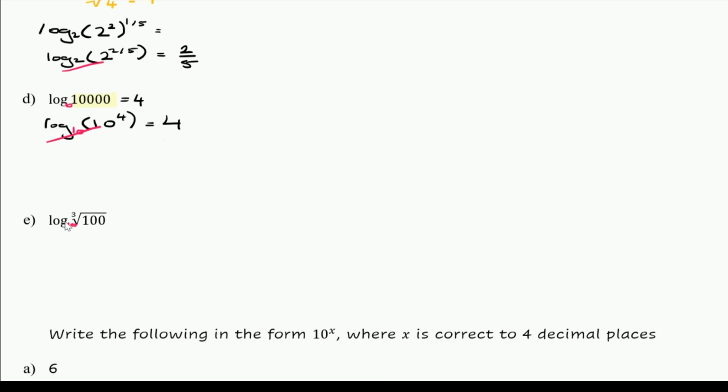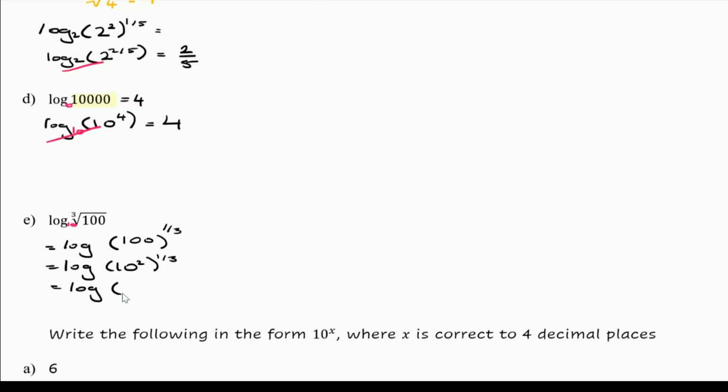Same thing, I'm going to rewrite this. So this is going to be equal to log of, and here I can say that this is 100 to the power of a third. And I want to write this 100, of course, as a base of 10. So log of 10 squared of 1/3.